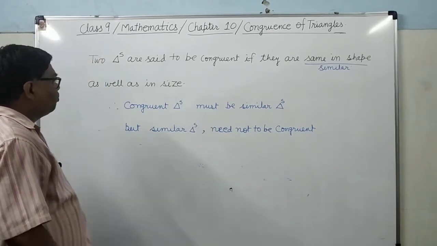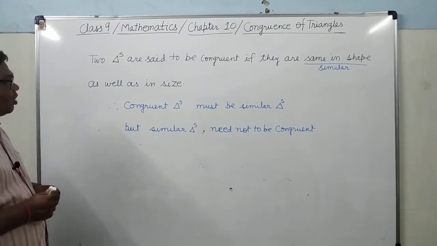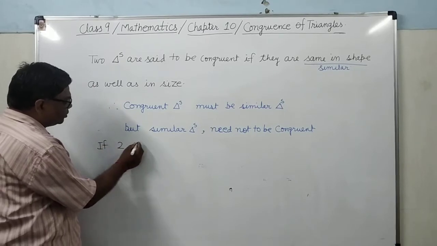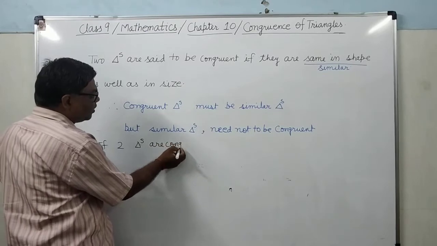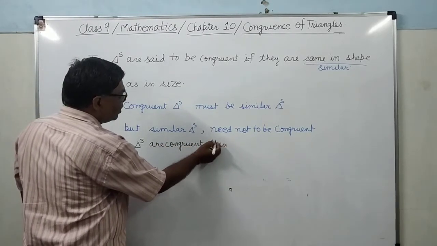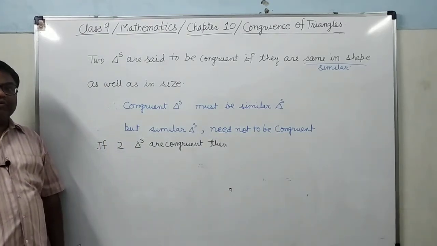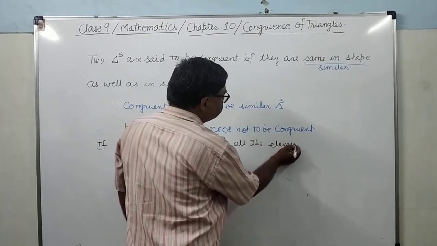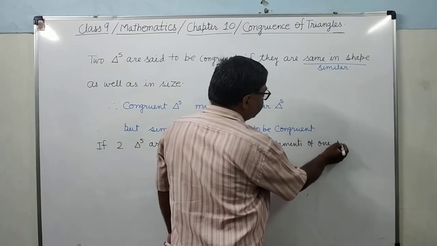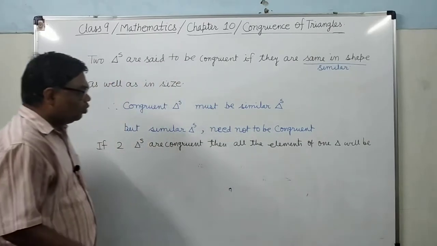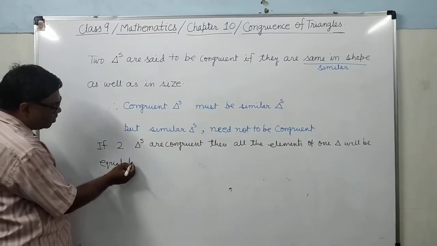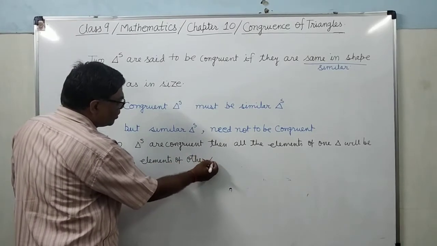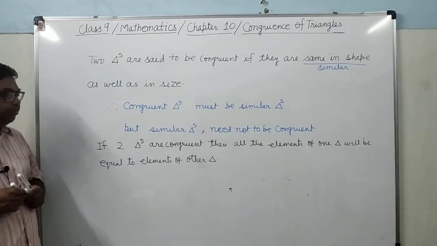Now how will you prove one more thing? If two triangles are congruent, then all the elements of one triangle will be equal to the elements of the other triangle.